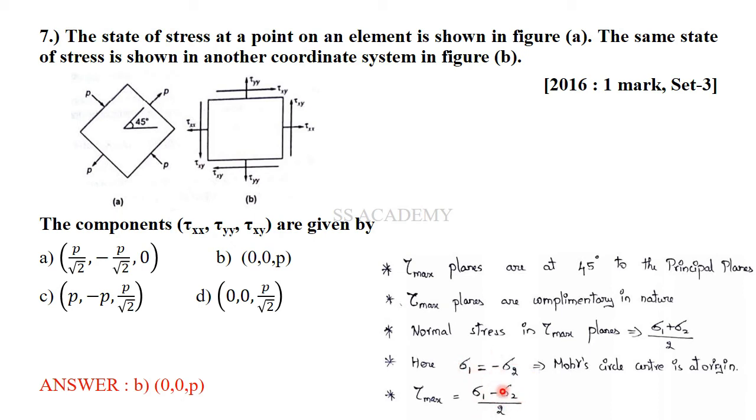So if you substitute here, you will get P by area minus of minus P by area, divided by 2. Here we are not considering the area; we have taken it as unit. So just by putting P, you get P as the answer. So tau xx and tau yy are 0 and tau xy is P.